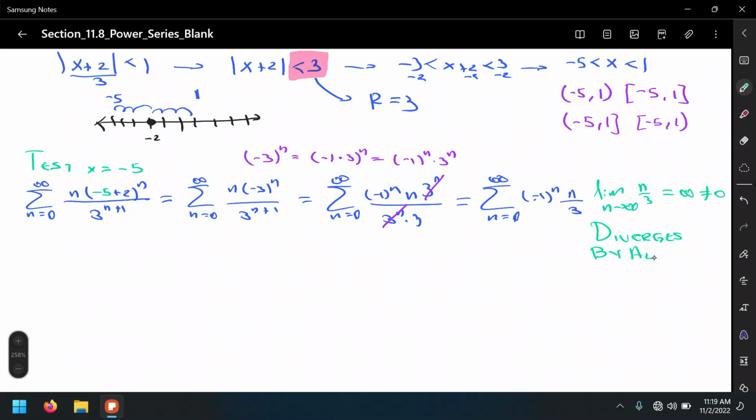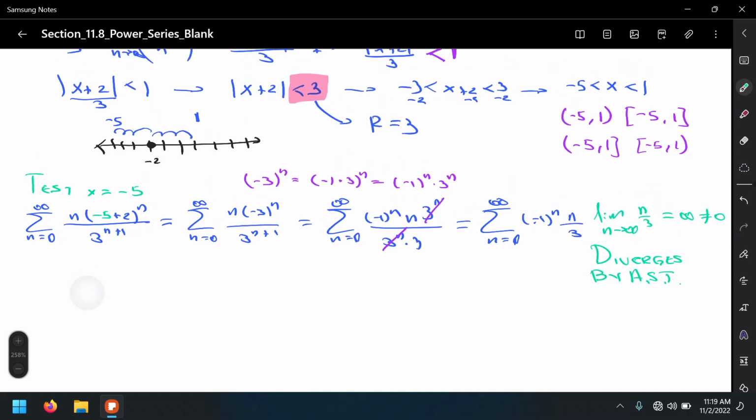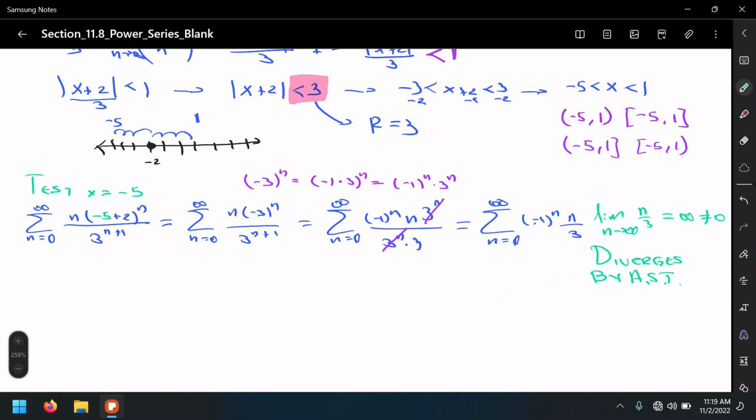by AST. That's alternating series test. All right. So in this case, because plugging in x equals -5 gave us a divergent series, well, that number -5 should be excluded from the interval of convergence.